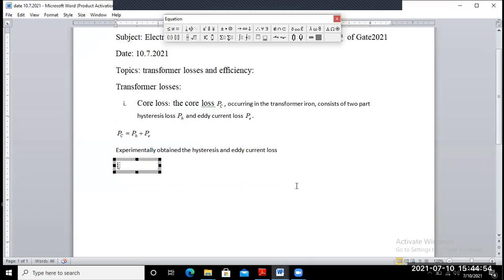Okay, so hysteresis loss P_H is equal to kH into f into Bm to the power x. So this relation you should keep in your mind.